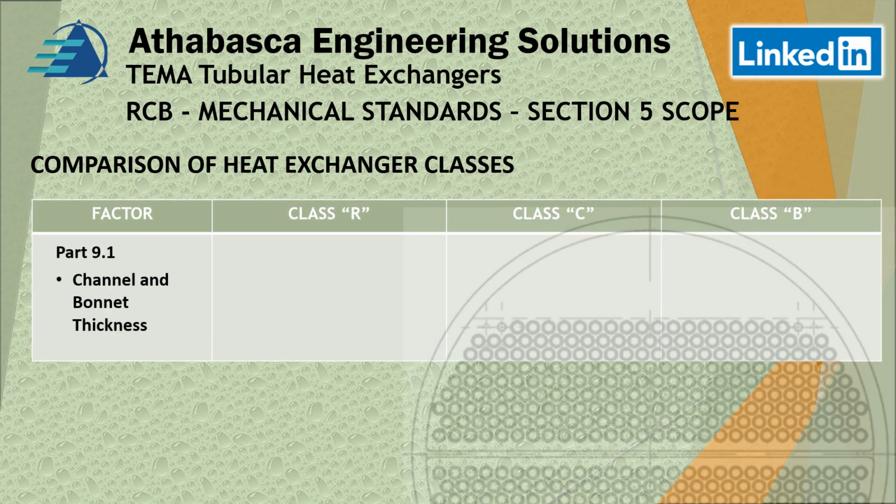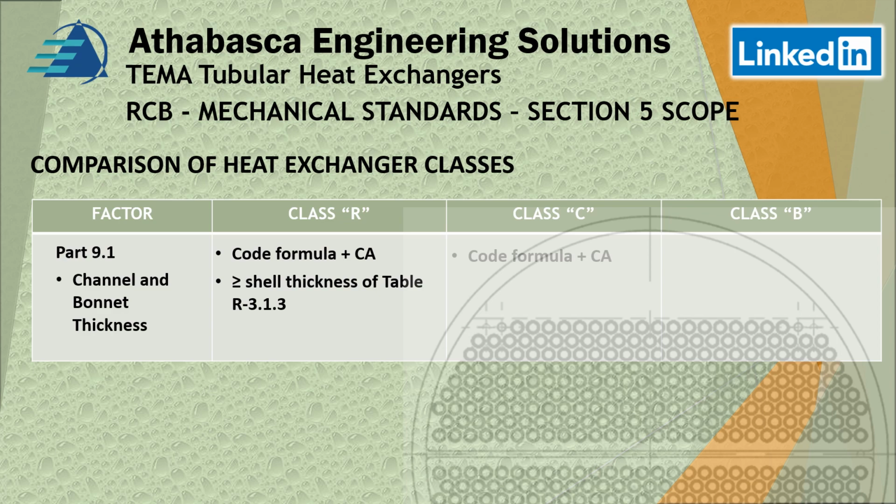9.1, that's the channel and bonnet thickness. For Class R, you need to follow the code formula, which we introduced in the last video. That's the ASME Boiler and Pressure Vessel Code Section 8 Division 1 plus the corrosion allowance. And also one has to look at table R 3.13 and look at the minimum shell thickness on that table, and you have to meet it or exceed it.